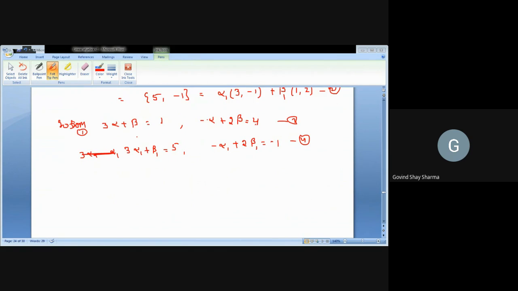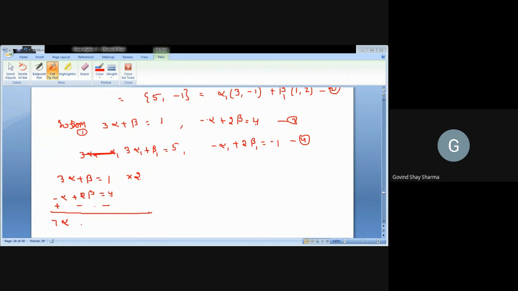So first we find alpha and beta. 3 alpha plus beta is equal to 1 and minus alpha plus 2 beta is equal to 4. Multiply this equation by 2 and subtract; the sign changes. So 6 alpha plus alpha is 7 alpha, and beta is cancelled.